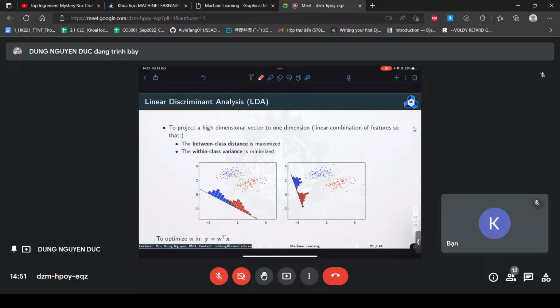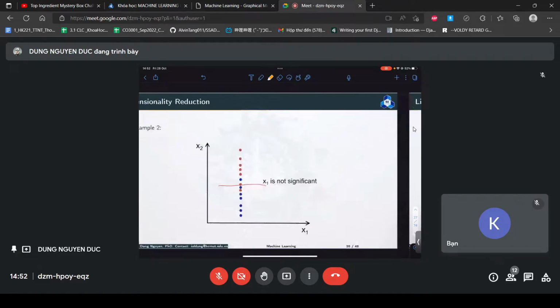Anyway, we mentioned LDA many times from the beginning. Now, what you see is that we intend to project the high dimensional vector onto a lower dimensional vector where the between class distance is maximized. That's exactly what I mentioned earlier.